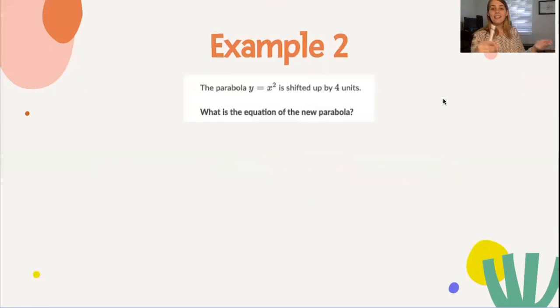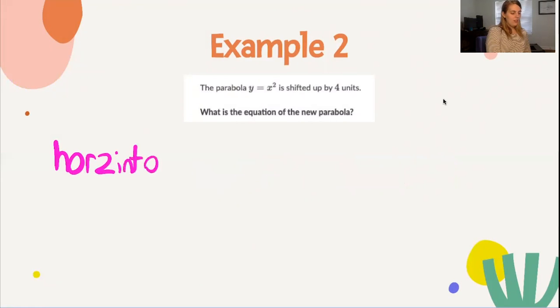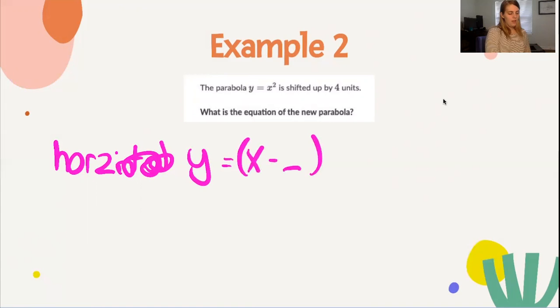Here's one where it's asking you, the parabola is shifted up by 4. So when you are writing the equation, if you're writing something horizontal, ignore me, I did not spell that right. But if you're doing horizontal, what's going to happen is you're going to fill it in to the parentheses of this vertex form.